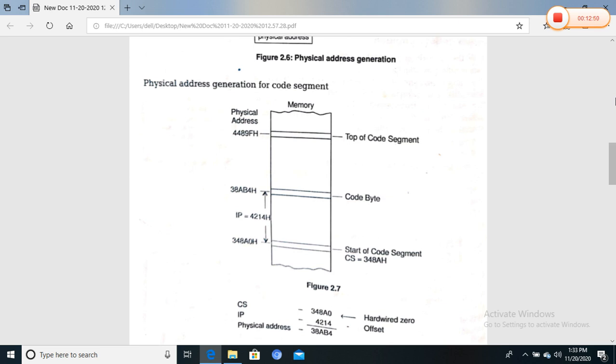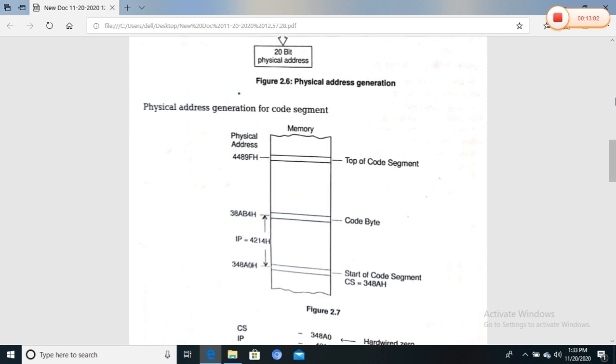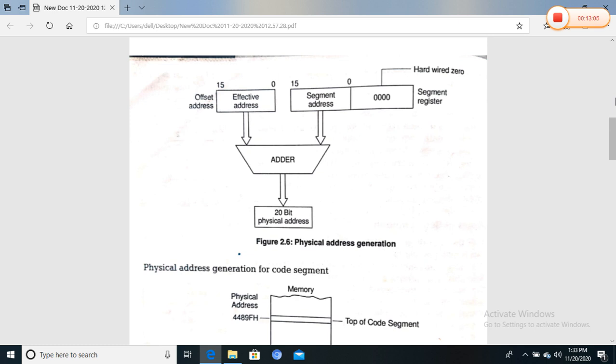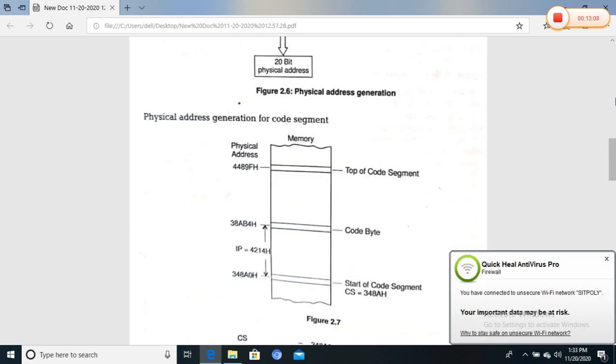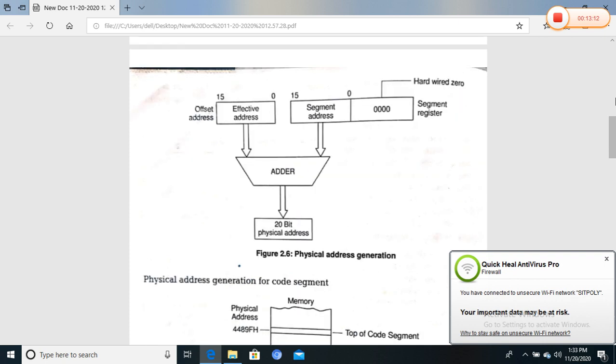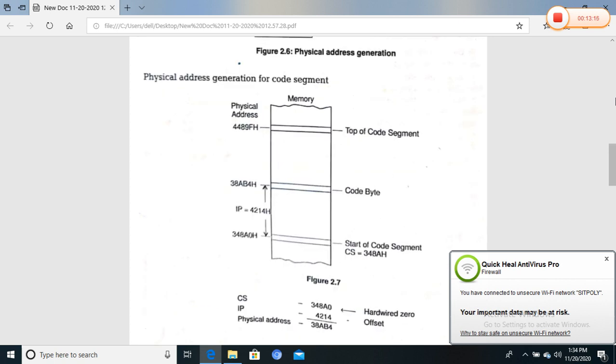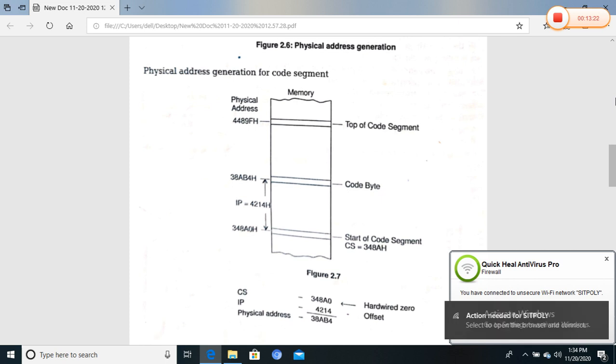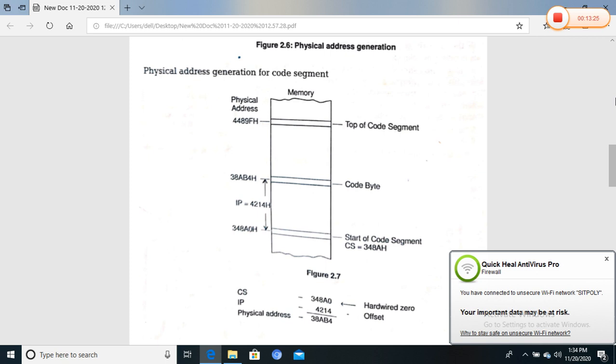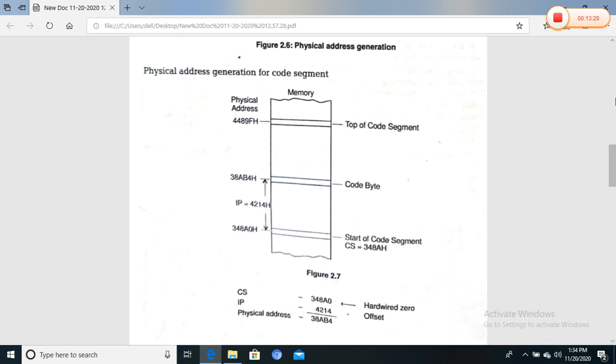For the code segment memory, the instruction pointer indicates the offset value 4214. The effective address, the offset, is 4214, plus the segment address 348A with the hardwired 0 added, giving the starting address 348A0. With IP equal to 4214 as the offset, the 20-bit physical address generated is 38AB4.